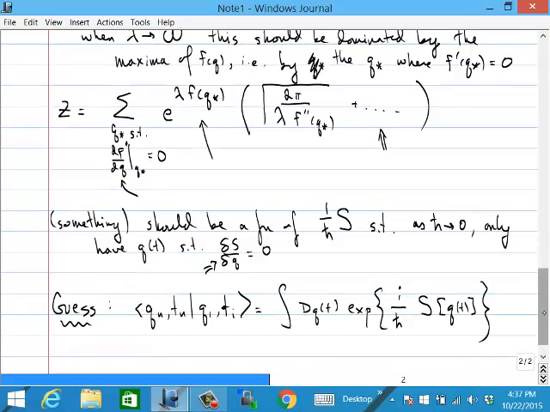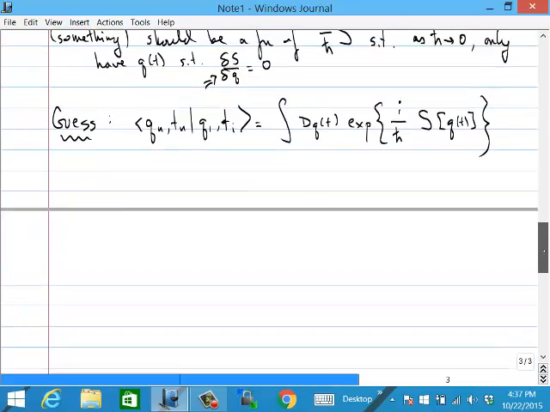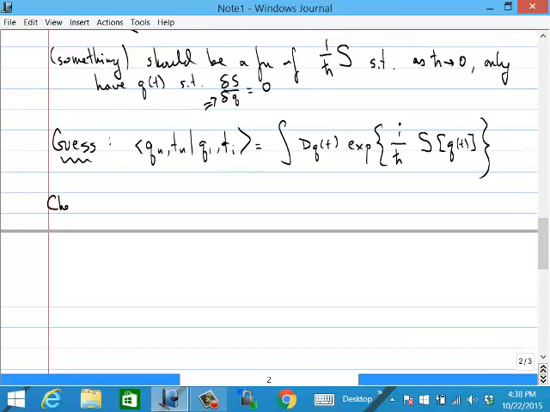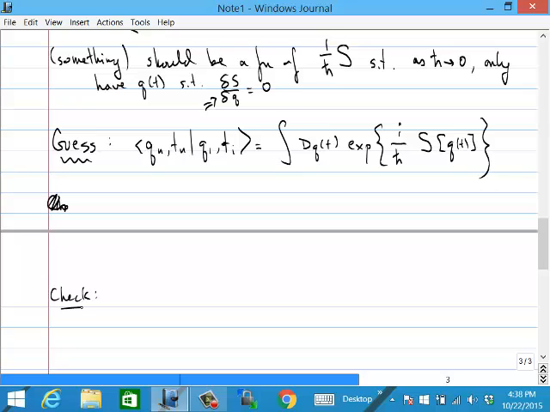So before we continue, let's just check that this is correct. In particular, let's try and compute this directly. Let's compute the amplitude for a particle to go from q1 at t1 to qn at tn.